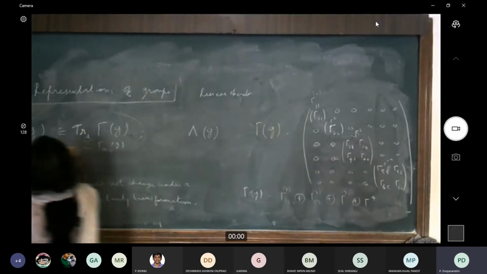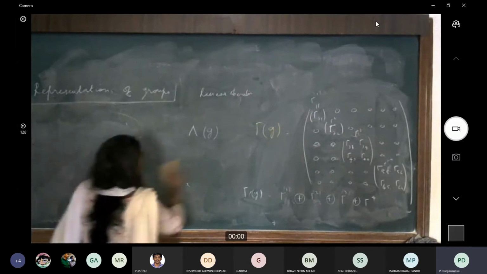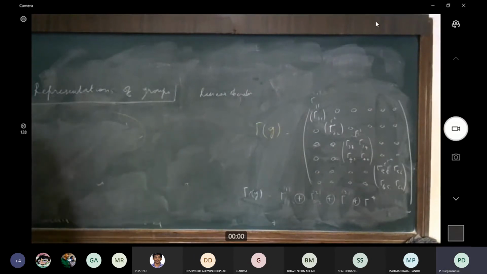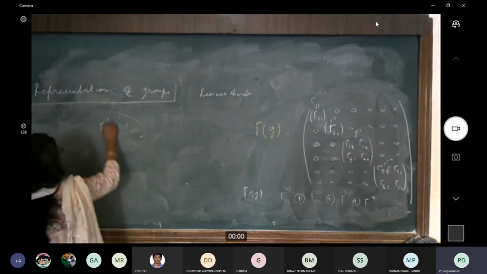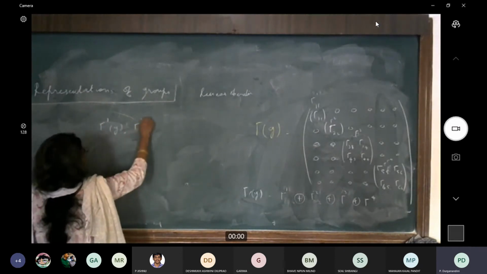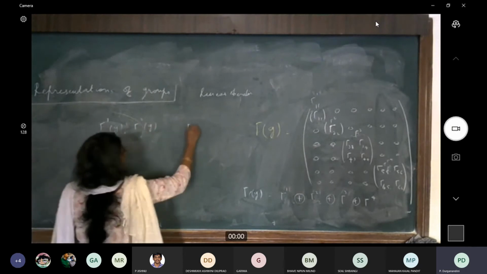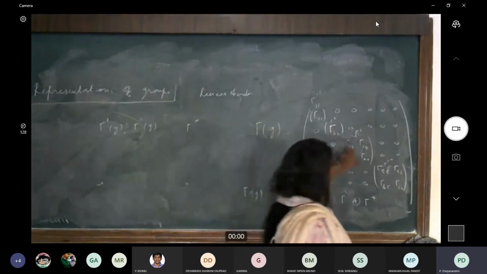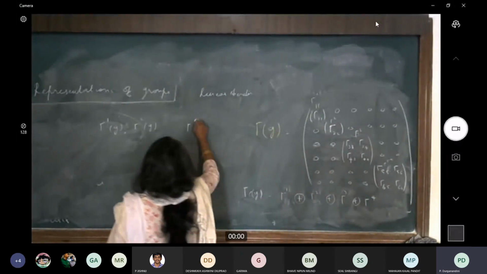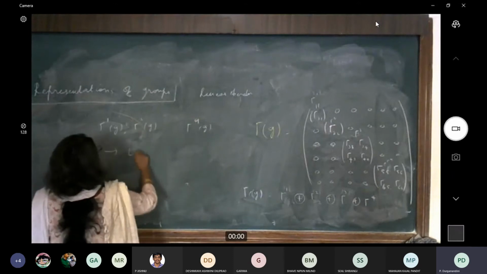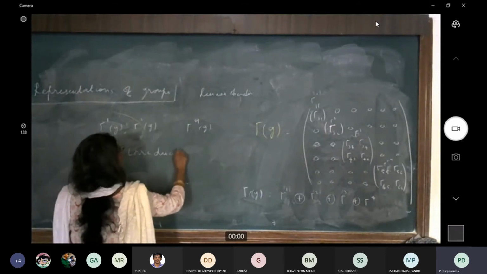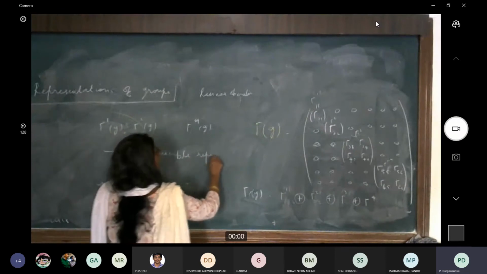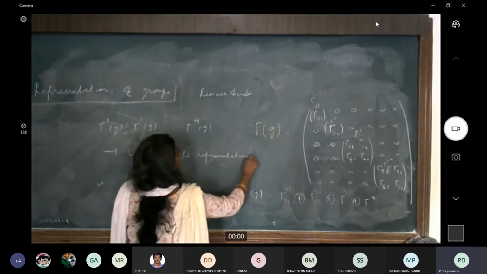Then if I bring it to this form, these gammas, gamma 1, gamma 2, gamma 3, gamma 4 in this particular case, are called irreducible representations.